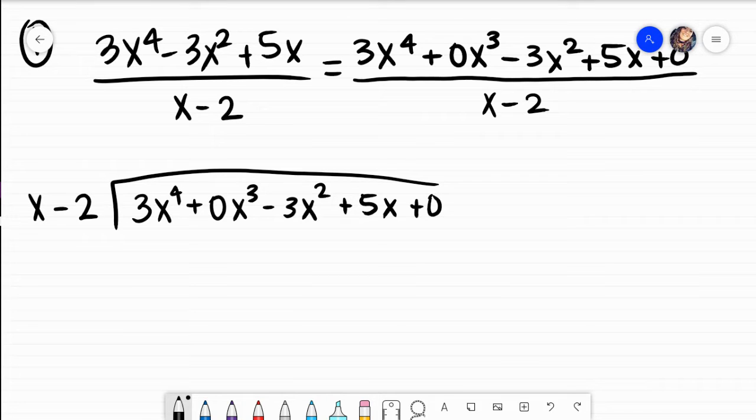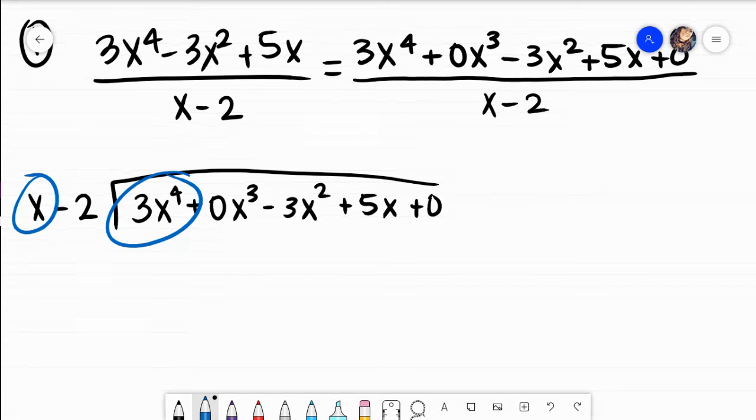What we do is take the first term of your polynomial, that's your dividend, which is 3x to the fourth. You're going to divide it by the first term of the divisor, which is x. That quotient, because you want to make sure that you line up your common terms so that whenever we combine them, they are already above each other.